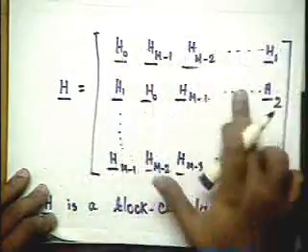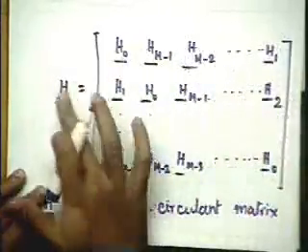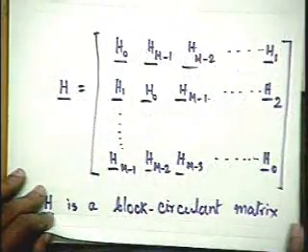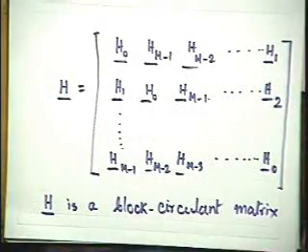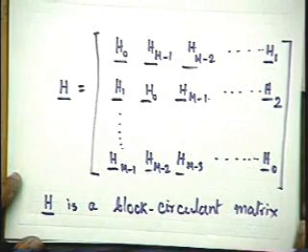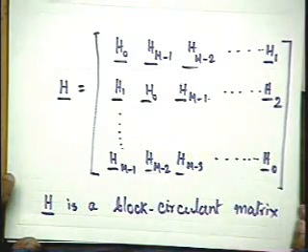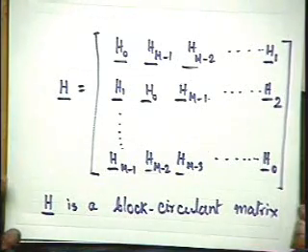All these circulant matrices, when I put them in here, make the overall matrix H of size mn by mn a block circulant matrix. In this case, instead of n square matrices, could it be n square matrices of size m square? Reverse.